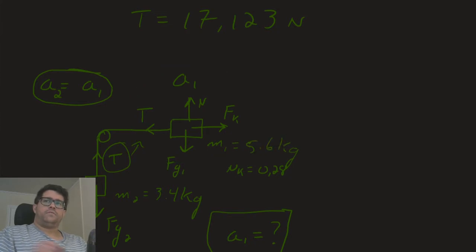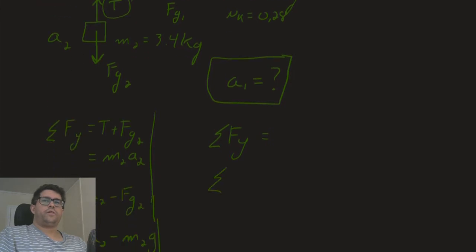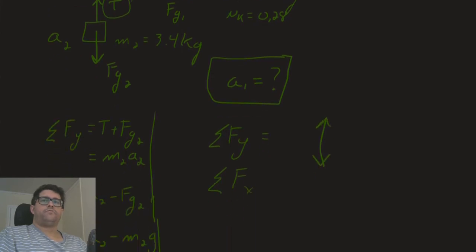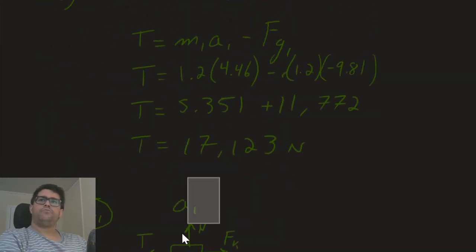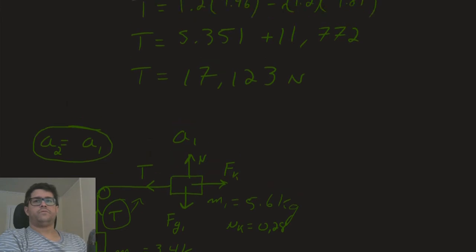Okay, so with this thing, we're going to do two things. We're going to be doing the sum of Fy, equal, etc. But we're also going to be doing the sum of Fx, because there are forces in the y direction and there are forces in the x direction. Fy is those two. So we have Fg and N. Let's write that down.